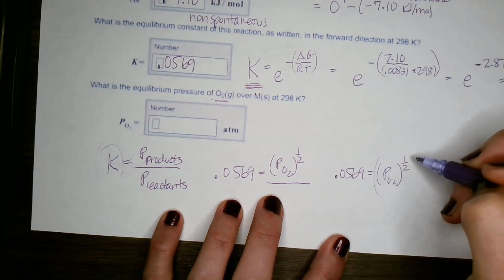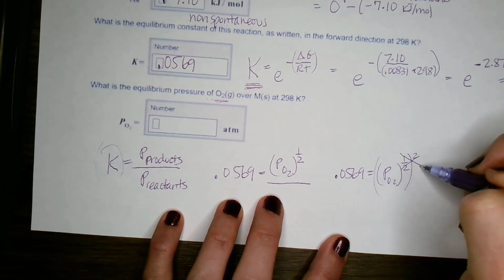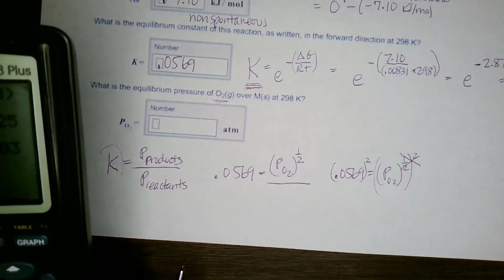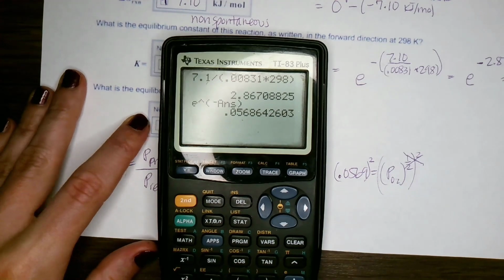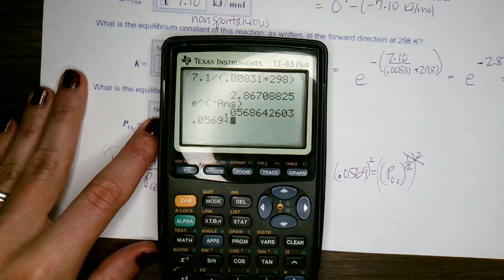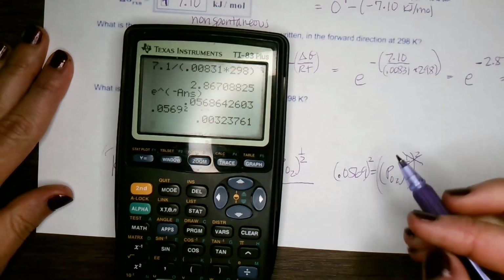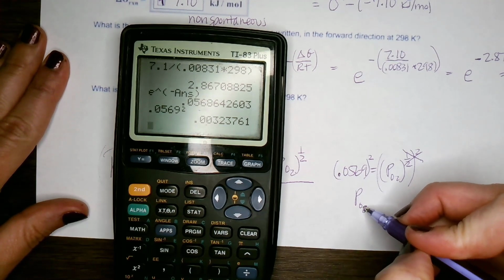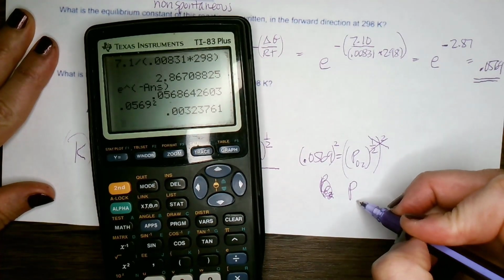We get rid of a half exponent by squaring it. So I'm going to square this, which means I have to square this side. So let's do 0.0569 squared, and we get the partial pressure of oxygen.